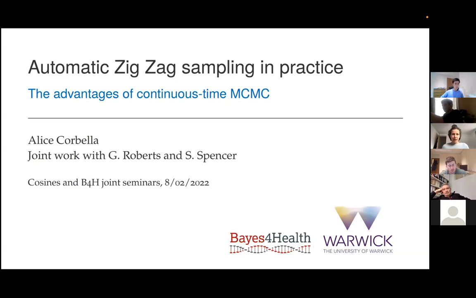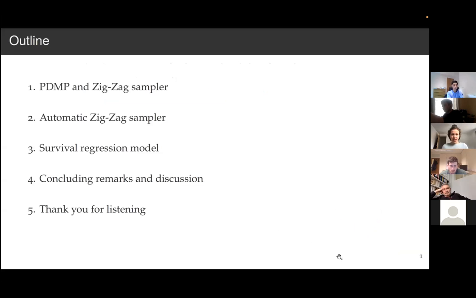I'm going to give a brief introduction to PDMPs and the zigzag sampler for those not familiar with them, then explain what we have done together with Gareth and Simon and our proposal of making it all automatic. Then I'll go through one simple example of a survival regression model and how we address the parameter estimation with our zigzag sampler.